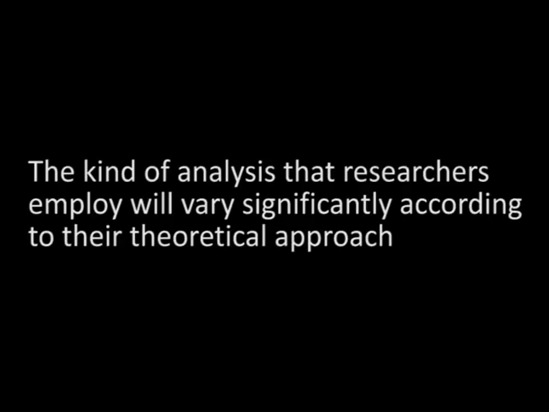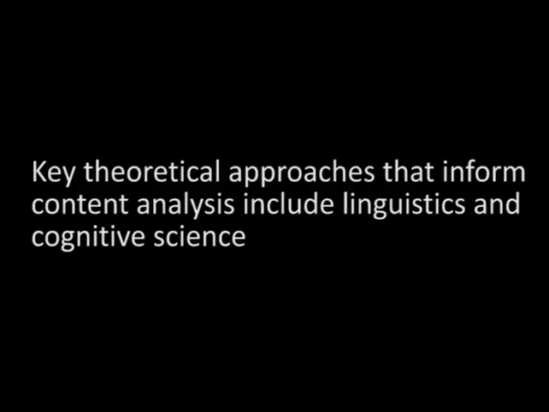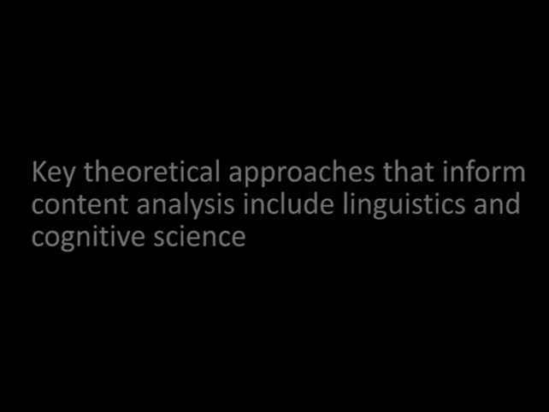Approaches to content analysis. The kind of analysis that researchers employ will vary significantly according to their theoretical approach. Key theoretical approaches that inform content analysis include linguistics and cognitive science.